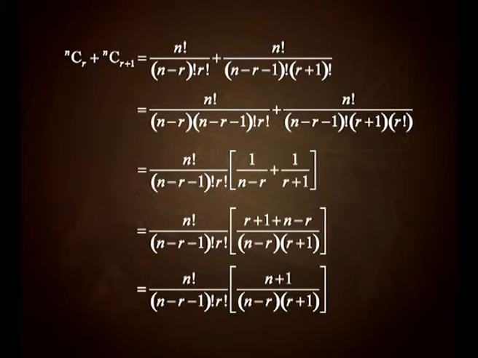Now, if I rewrite this expression, isn't that what (n+1)C(r+1) will be? Agreed? And that is what our second result was about. So, this result is helpful when I combine two terms in nCr form.